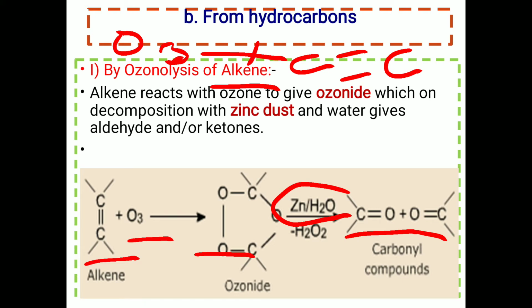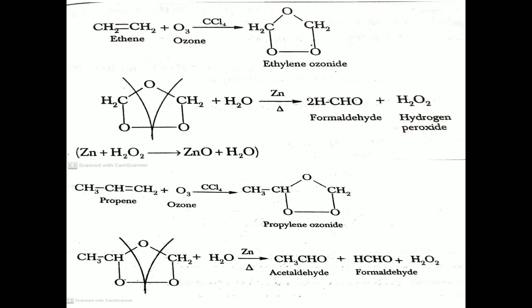Now this alkene reacts with ozone, then gives the ozonide, and then further decomposition with zinc dust and water, that means it undergoes hydrolysis, and we get the carbonyl compound. Let us study how this reaction takes place using an example. This is ethene, CH2=CH2.